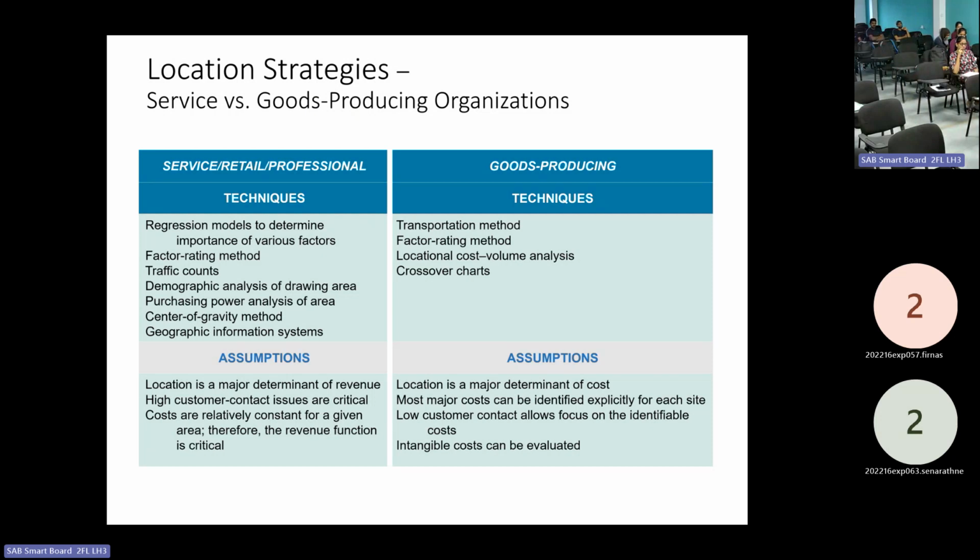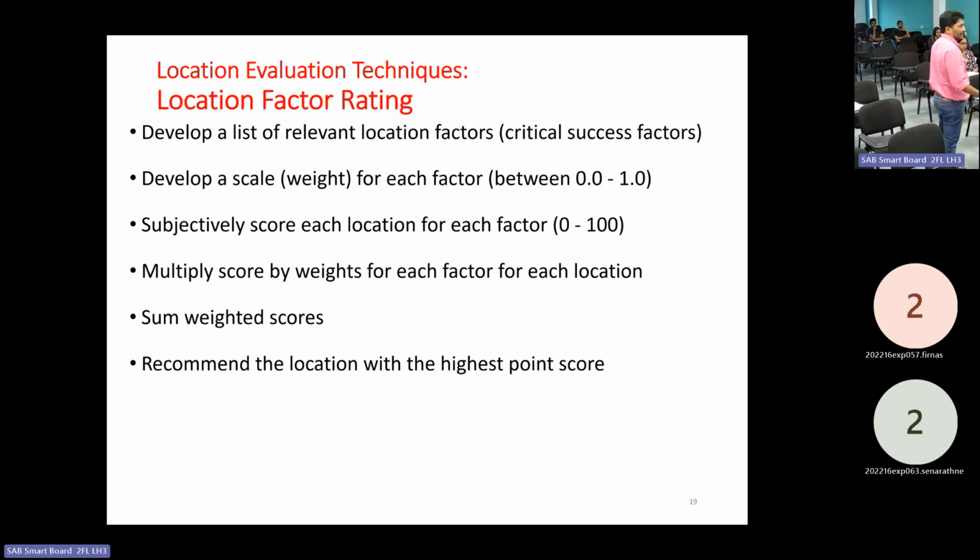Commonly used are the transportation method, location factor rating method, cost volume analysis, break-even, and crossover charts. There are other mathematical techniques also, center of gravity method, GIS methods and all. But for the time being, we will identify 2-3 techniques quickly. You may be familiar with some of them.